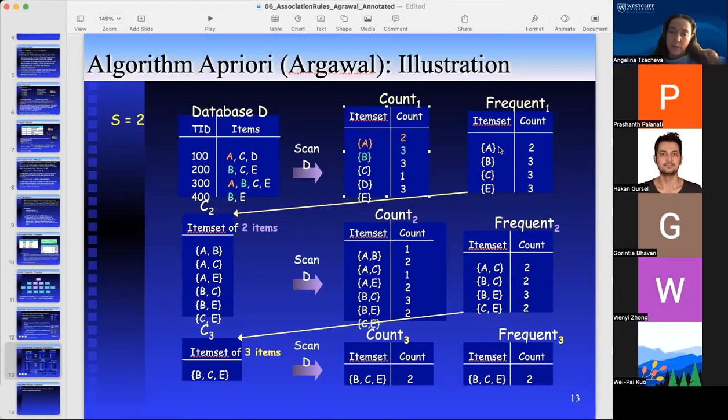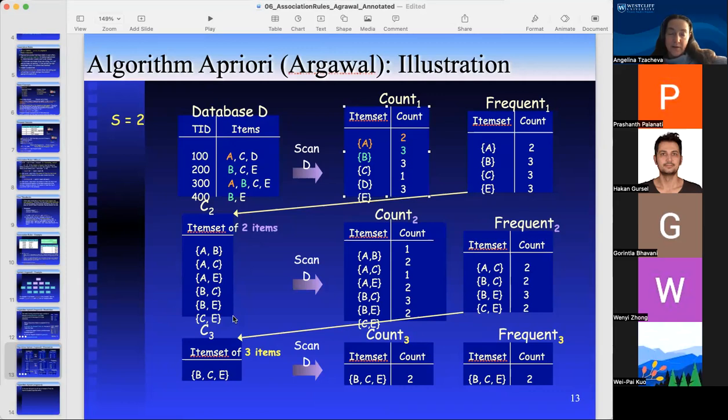Let's say A with B, A with C, A with E. Then we take B with C, B with E, and finally C with E. And we end up with a list of 2 items. So this is called a 2-element set.